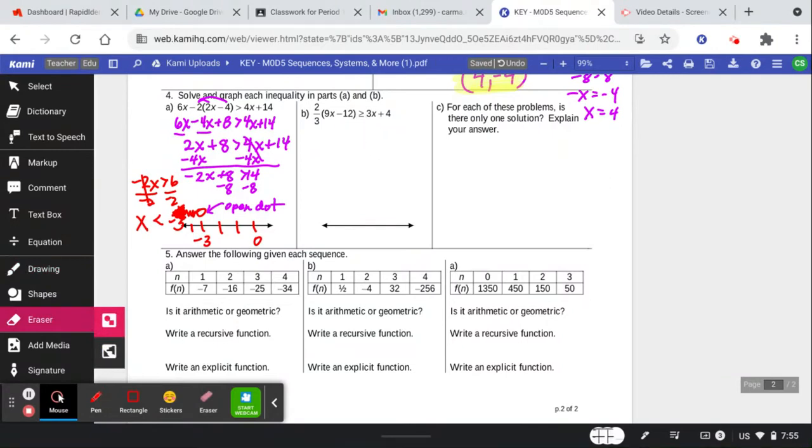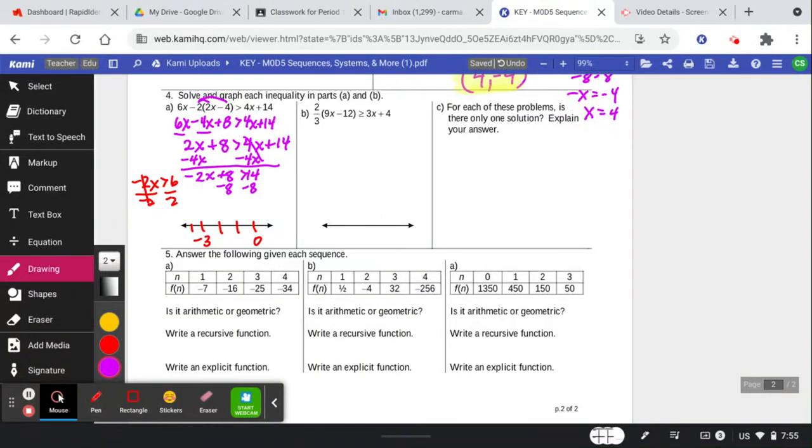So for this one here, when we want to say less than negative 3, we're going to do an open dot, and then we're going to shade to the left. So x is less than negative 3. It's going to be open dot at negative 3, and then shade left. And that represents all the values that are less than negative 3. Okay, let's go do the next one.